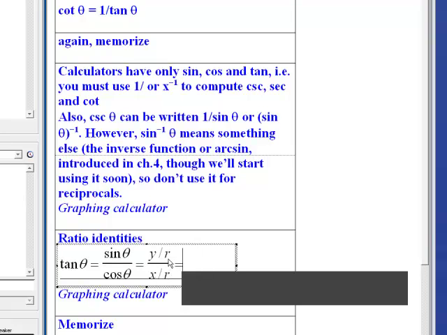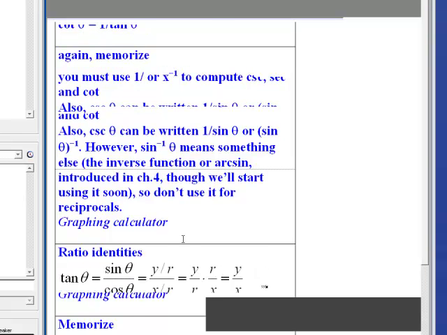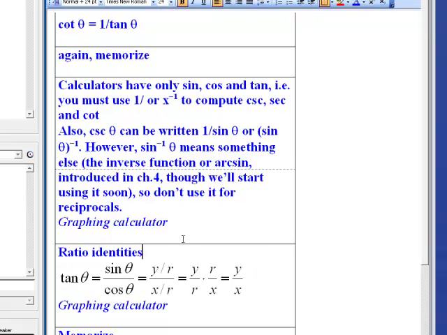So as we do the algebra on this one here, we would of course multiply with the reciprocal, so we have y over r times r over x, and of course the r cancels, and we have y over x, which indeed is the tangent.